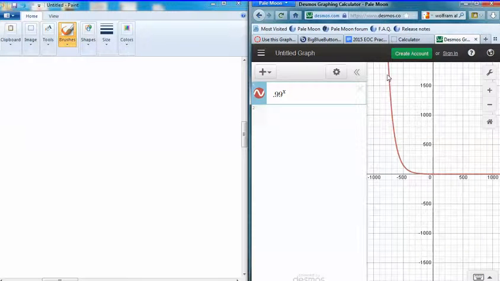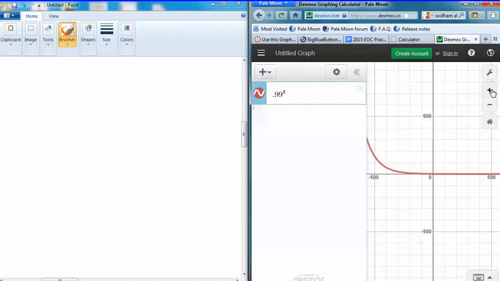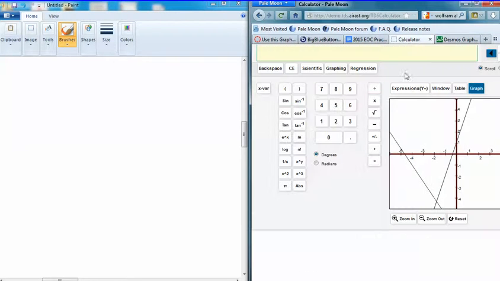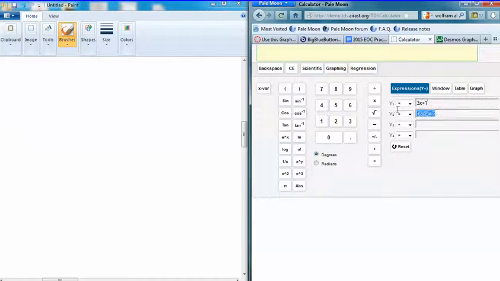But obviously, you can see if I zoom way, way out, it's exponential decay. Are we cool? And you do have this graphing calculator on your thing, so I don't know why I'm using this calculator. Clear.